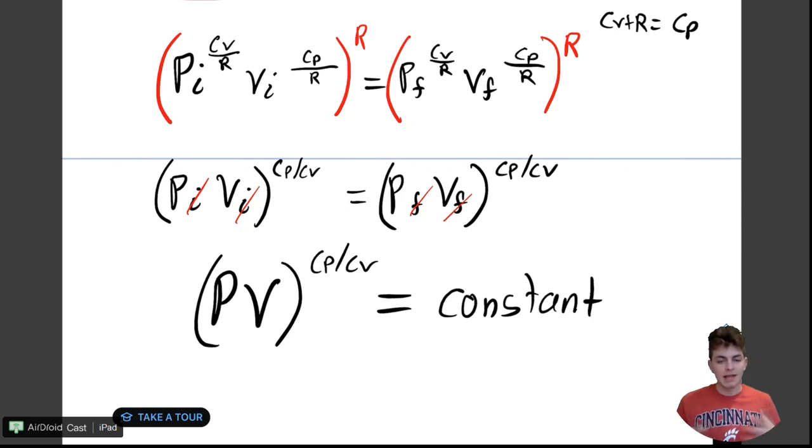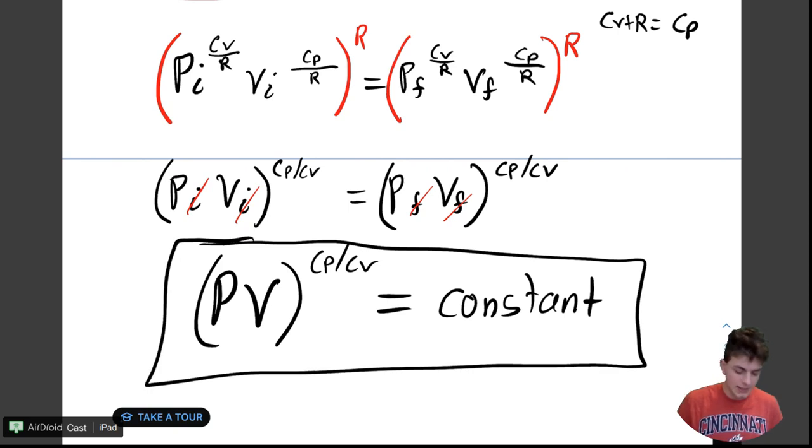Which means that at any point during this process here, this relation will always be a constant, which is quite fascinating, and we will dive in further in our next video to try and apply these two expressions to some sort of applicatory scenario in which we will attempt to derive Bernoulli's equation.